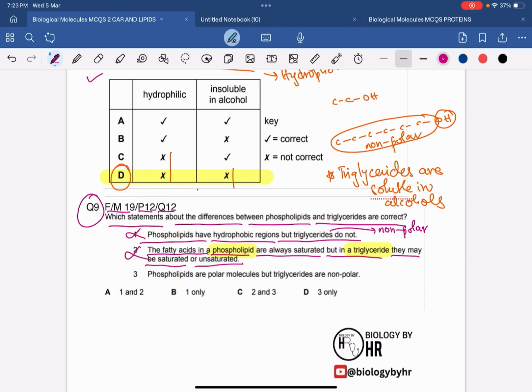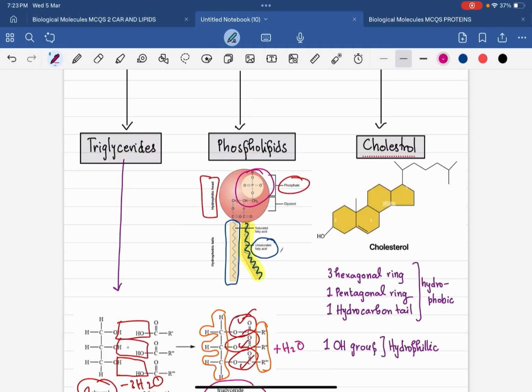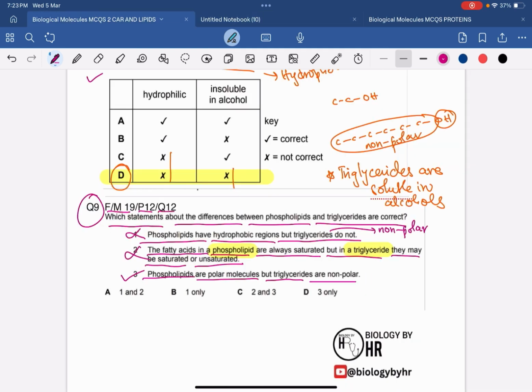Then statement 3 says that the phospholipids are polar molecules but triglycerides are non-polar molecules. Yes, this statement is correct. Phospholipids are considered to be polar molecules despite the non-polar fatty acid tails, right? But they are considered polar because of the charged phosphate group. Because of this they are considered polar molecules and the triglycerides are considered non-polar molecules.